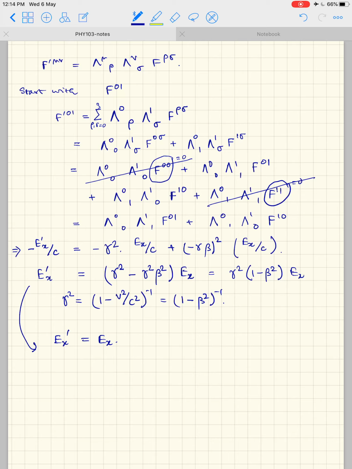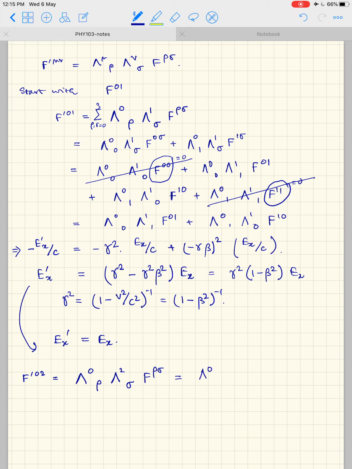So I did this very slowly, and the next one I'm going to do a little quicker. Let's look at f primed 0,2. This is lambda 0 rho lambda 2 sigma f rho sigma. Let's be reasonably careful with this.